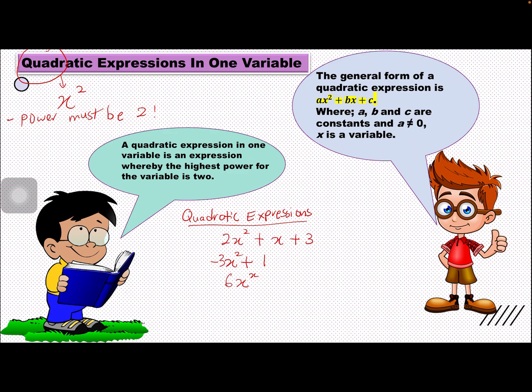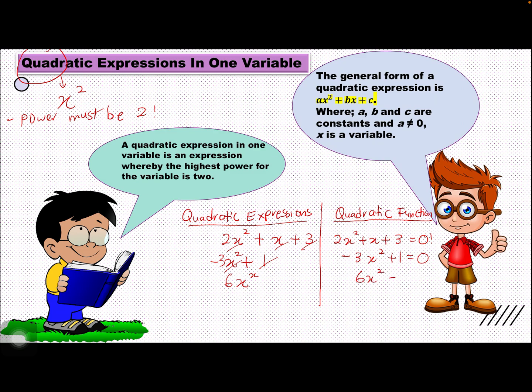So this is a quadratic expression. For this, you have 3 terms, 2 terms, and 1 term. For a quadratic function, the difference is just that it has equals to 0. So that is the difference between expression and quadratic function.